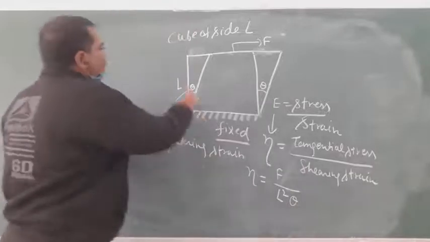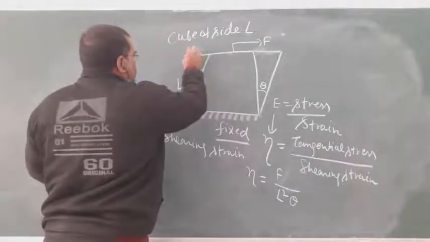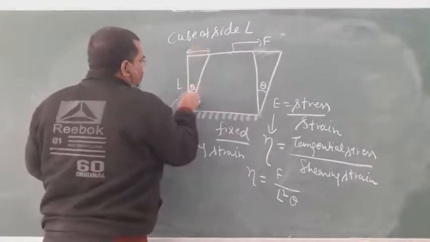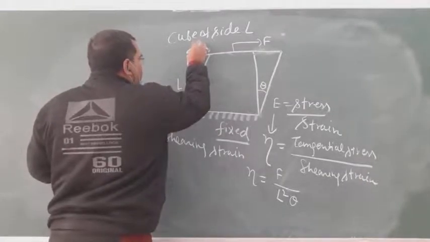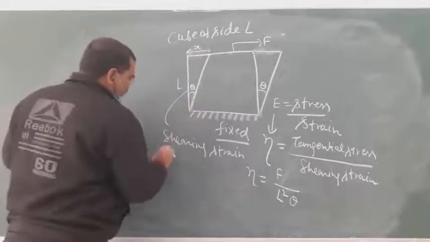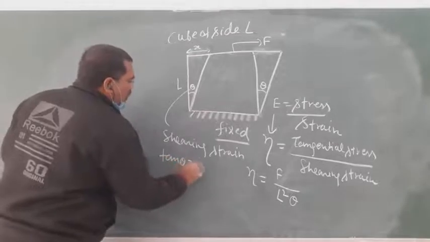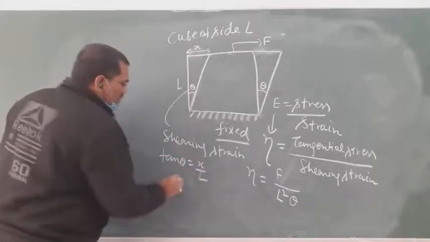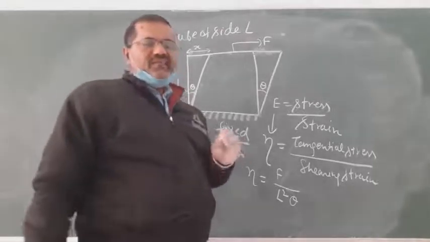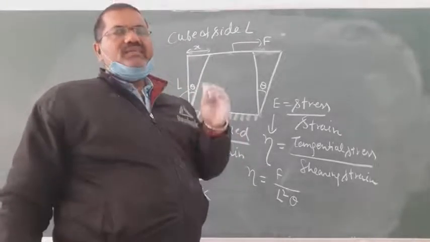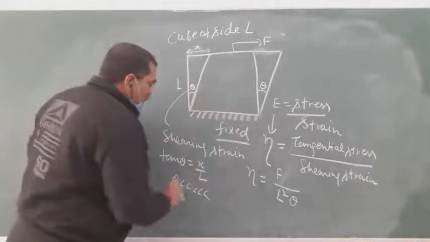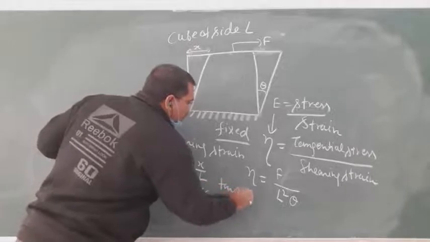So what is theta here? Suppose shearing strain is theta and the body moves up to x. So in this triangle, tan theta equals x by L. Since theta is very small, as strain is always taken very small, you can write tan theta as theta.